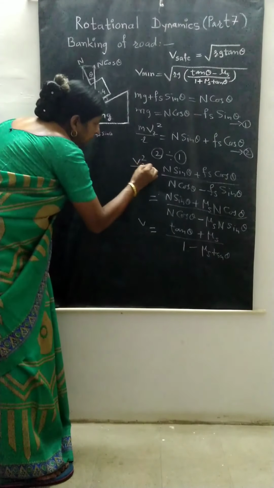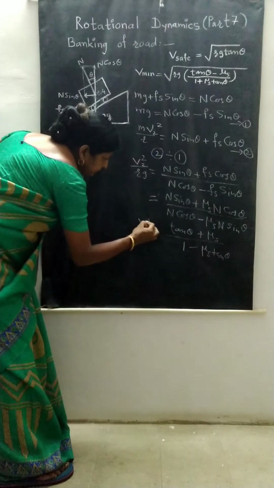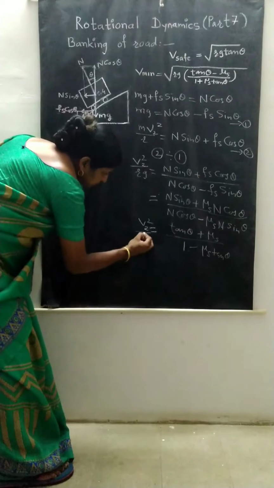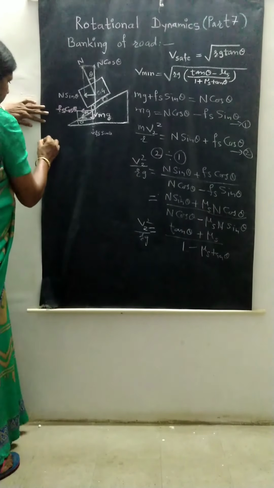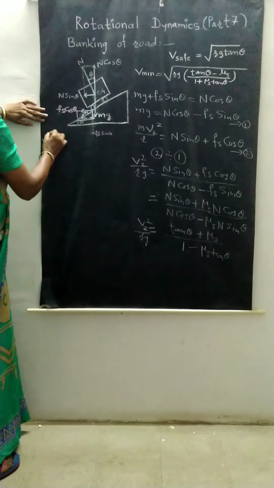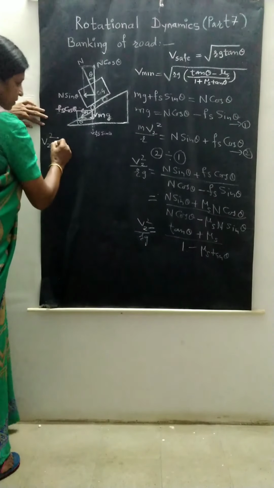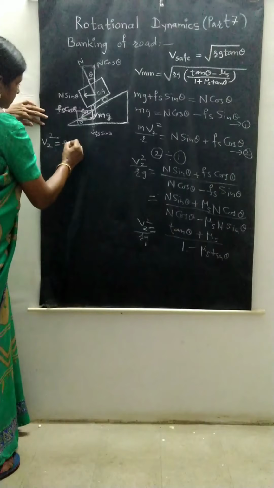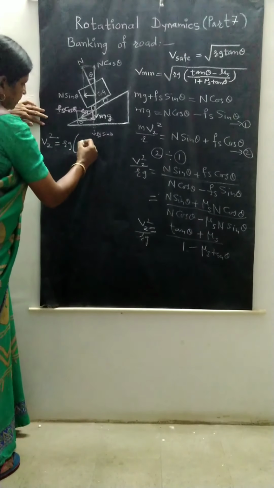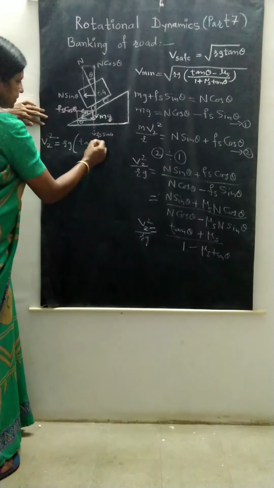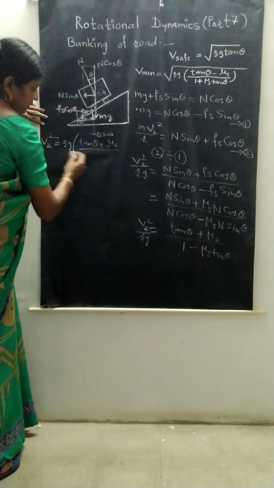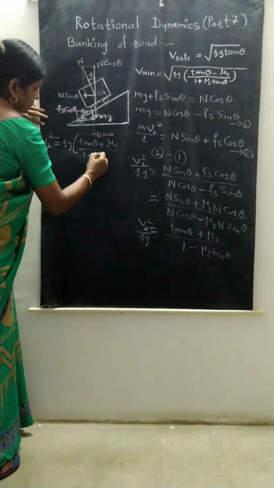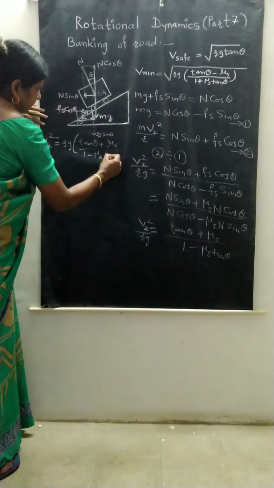Here we shall call it 2. V2 square upon Rg. So V2 square will be equal to Rg in bracket tan theta plus mu s divided by 1 minus mu s tan theta.